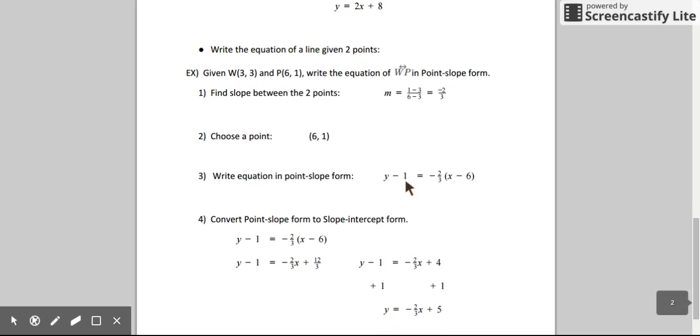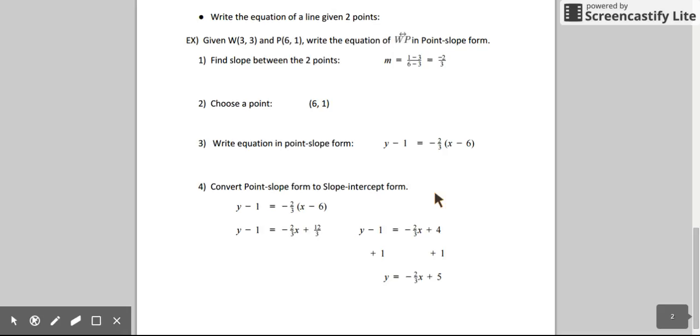Let's substitute it into our point-slope form. My y1 value is 1, my x1 value is going to be 6, and my slope is going to be negative 2/3. So we just substitute them into the right spot, and we end up with our equation in point-slope form. We could practice putting it in slope-intercept form, solving for y.